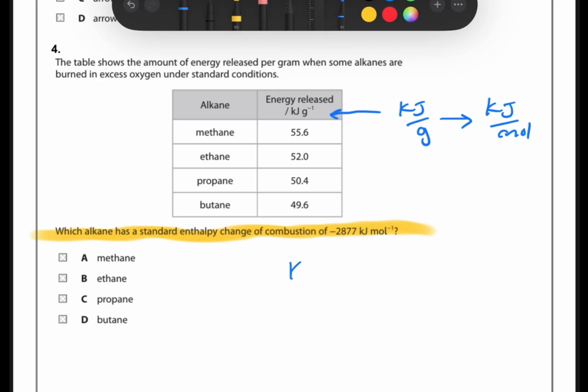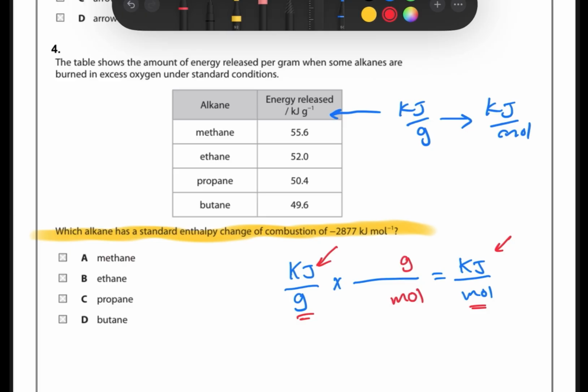Technically, in terms of a conversion factor, what should I multiply kilojoules per gram with in order to get kilojoules per mole? Obviously, we have no change in the kilojoules, but in order to get rid of the gram and substitute it with mole, we have to multiply by gram per mole.